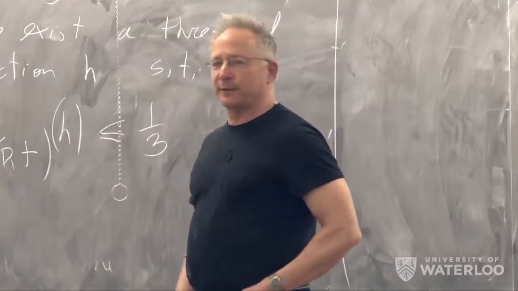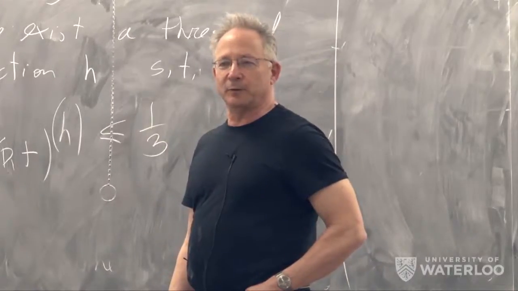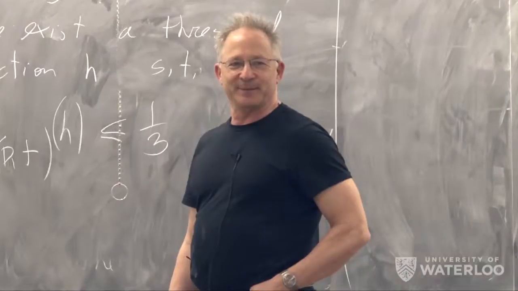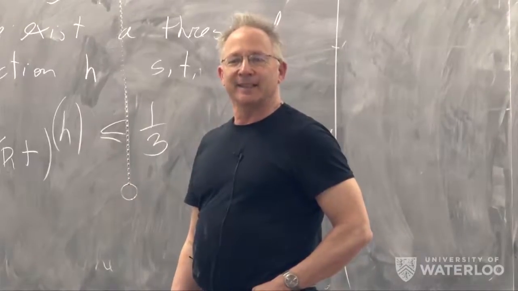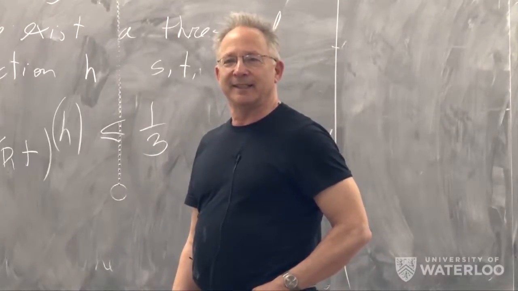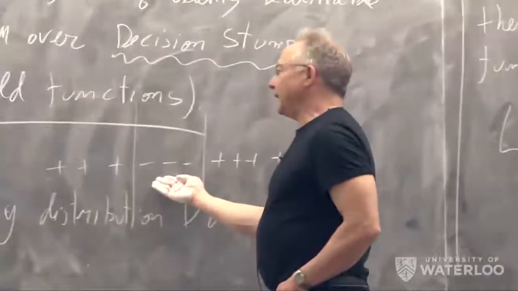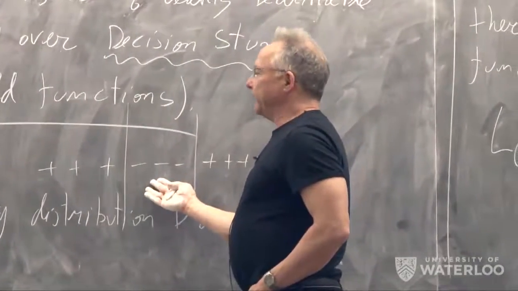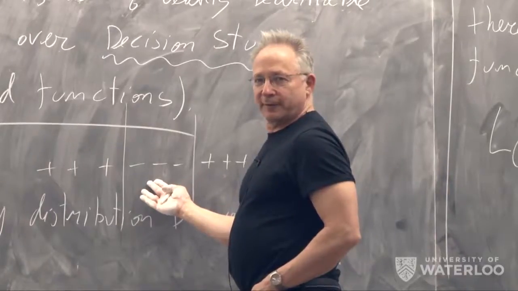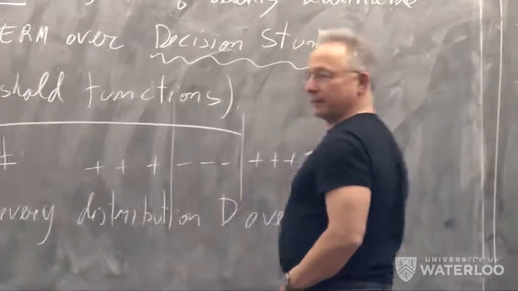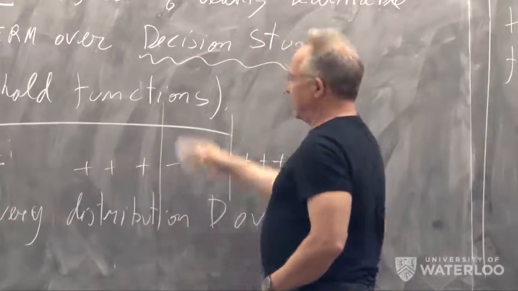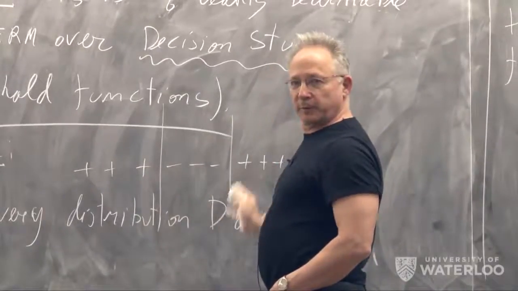Are you quiet because it's too simple or because I got you confused? Right, so the main point here, I have a choice between 3 thresholds, or 4 even. I can label everything minus. I can label everything plus. I can put my threshold here. I can put my threshold here.